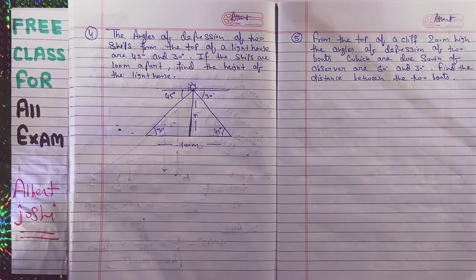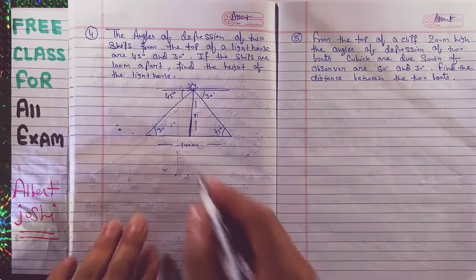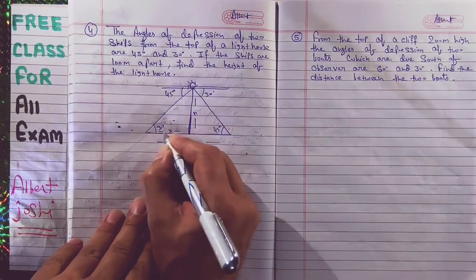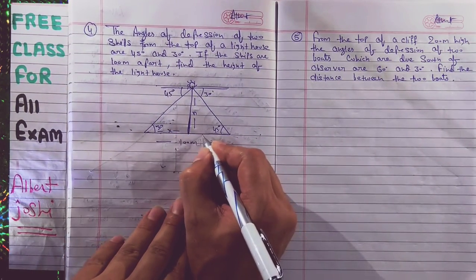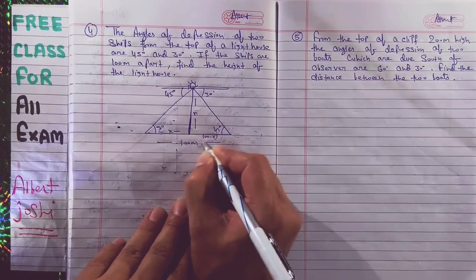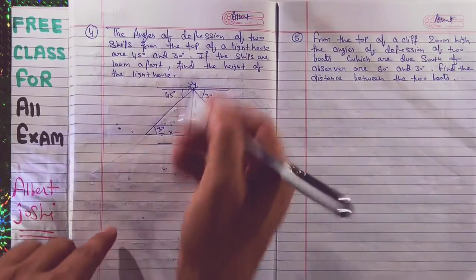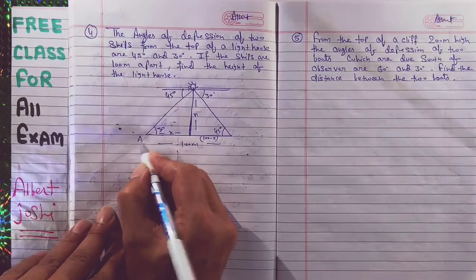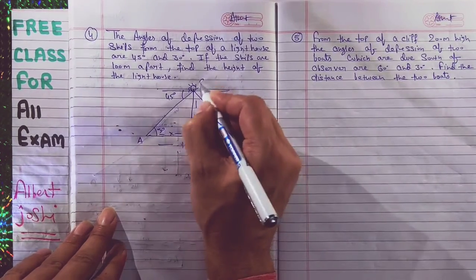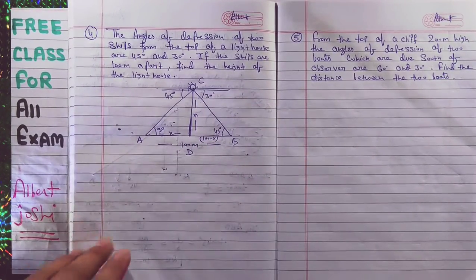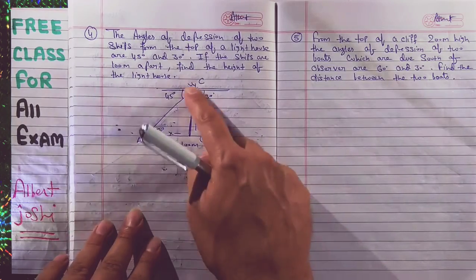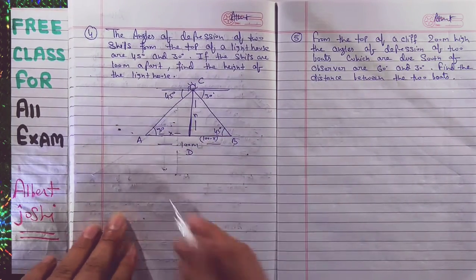Very simple. So how to calculate? Let this be x. In this condition it will be 100 minus x. Now you can calculate. Suppose this is A, this is B, this is C, and this is D. Okay. At first we will come here because this is 45.